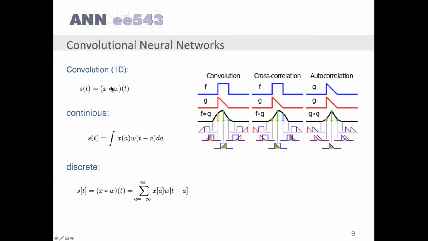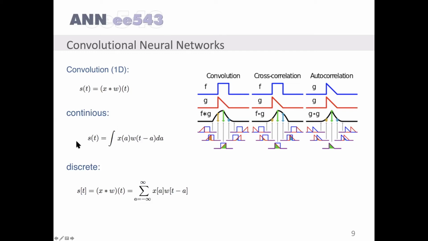Convolution, shown as x(t) star w(t), is defined in the continuous space as s(t) equals the integral of x(a) w(t minus a) da. Notice that while the first function remains the same, the second function is reversed with respect to its parameter.